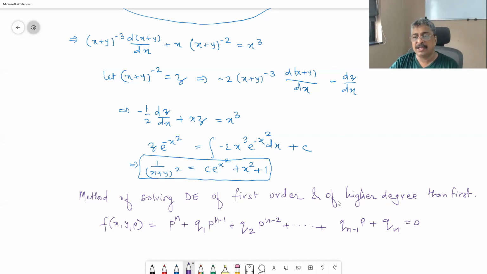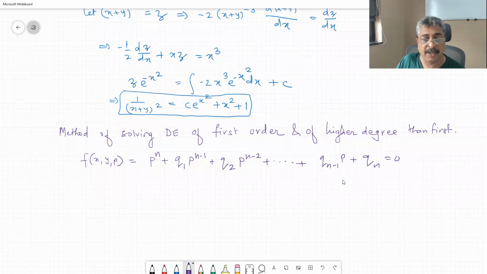It can be arranged like the polynomial we arrange in descending powers of x. You can consider the given differential equation as a polynomial.